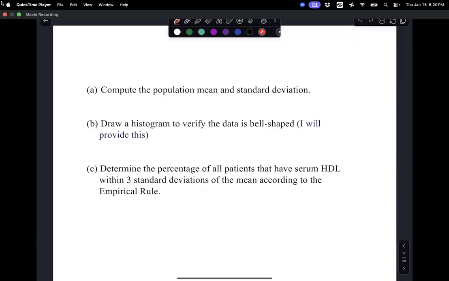Okay, so we have the mean and the standard deviation, and we have our histogram. Now we know that 99.7% of all of our serum HDL patients, their data will be within 3 standard deviations of the mean. We're going to do a little bit of other calculations though.